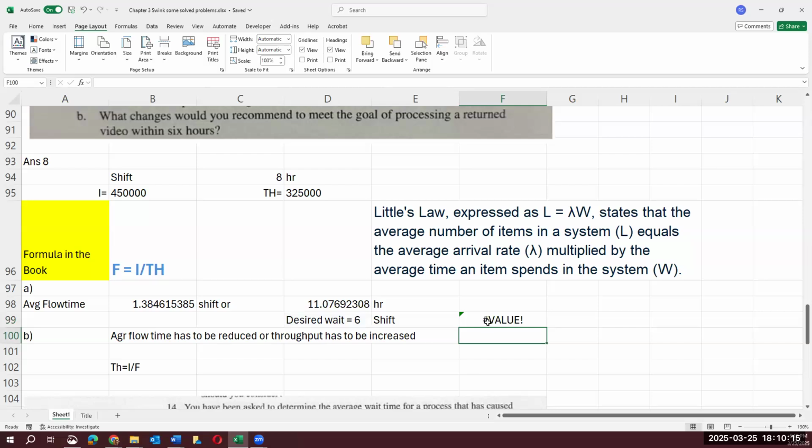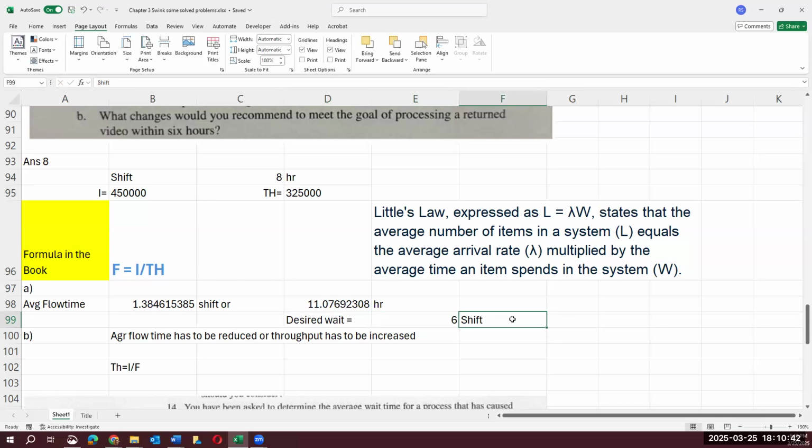What happened here? Oh, because I put the desired wait time as 6. I should have put it into a different cell. Bad practice. All right, let me move it over here and take the 6 out and keep it separate so I can do these kinds of things easily.